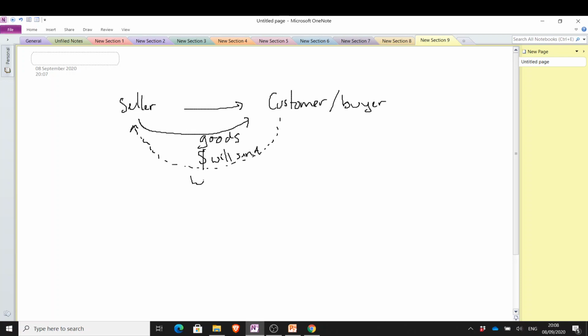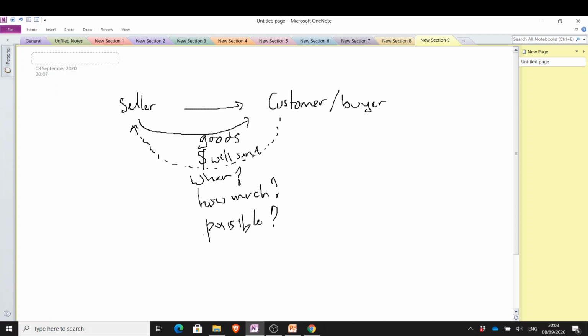The question is, when the customer will send the money, how much money will be sent, and how possible the money will be received.